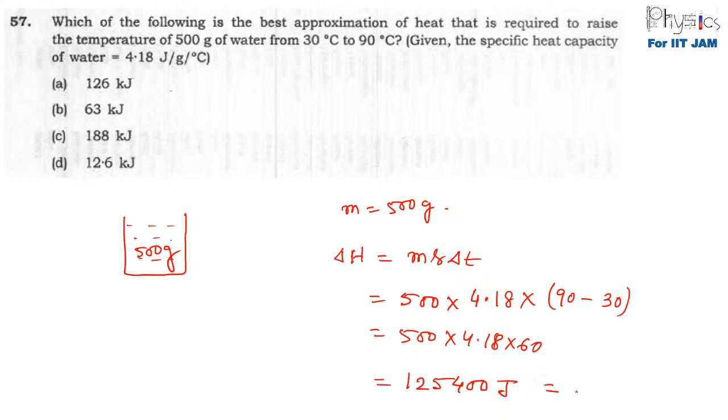That is equal to 125.4 kilojoules, right? But it is not in the answer. But we are asked to find the best approximation of heat, right? That is, it is nearly equal to 126 kilojoule. That is option A, and our correct answer is option A, 126 kilojoule. That means Archishmita and Shagoto, both of you are correct. Okay, our answer is 126 kilojoule.